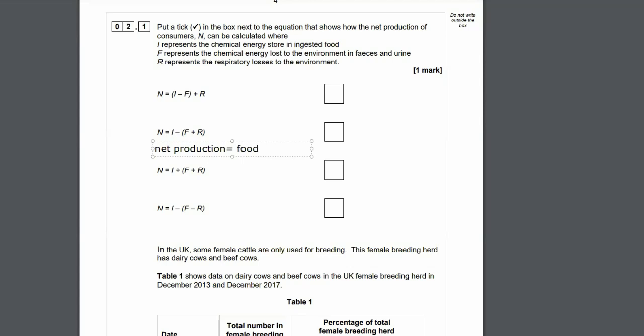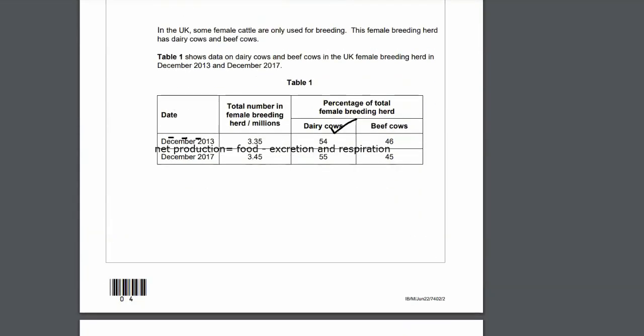So the total amount of energy gained is your food, basically what you've eaten, minus what you've pooped out, excretion and urine, and what you've used in respiration, which of course is released as heat and energy for movement and muscle contraction and all of those things. So net production is basically what you ingest minus excretion and respiration.